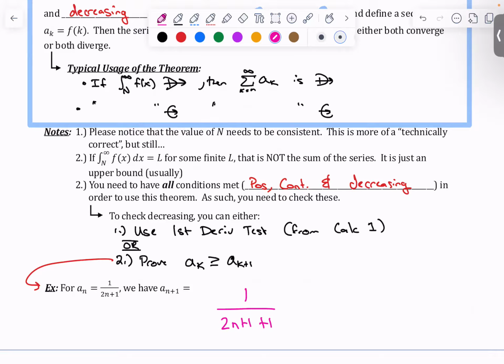It is 1 over the quantity 2n plus 1 plus 1, because we are replacing n with n plus 1. We're not just adding 1, we're replacing our n's with n plus 1s. So a sub n plus 1 would be 1 over 2 times n plus 1, which is equal to 1 over 2n plus 3.